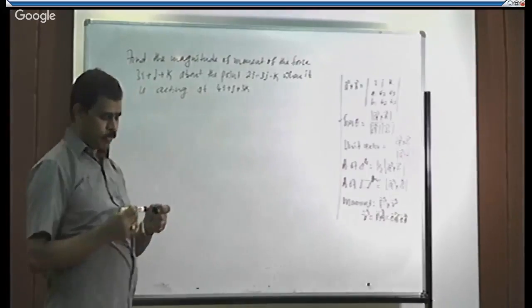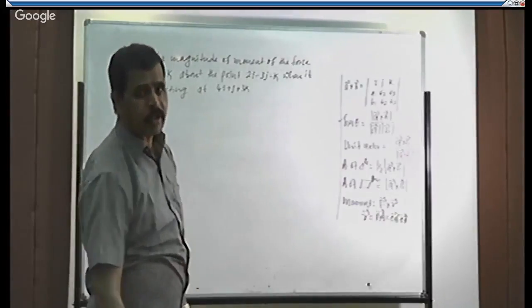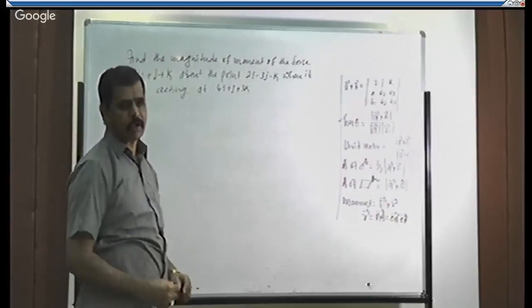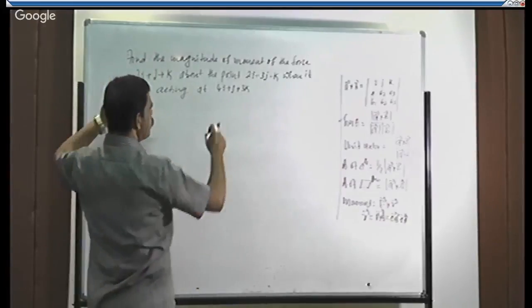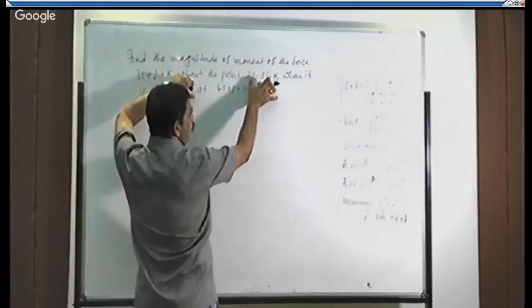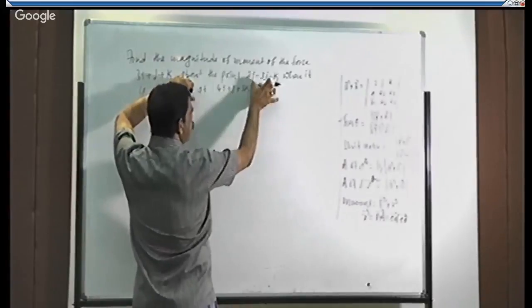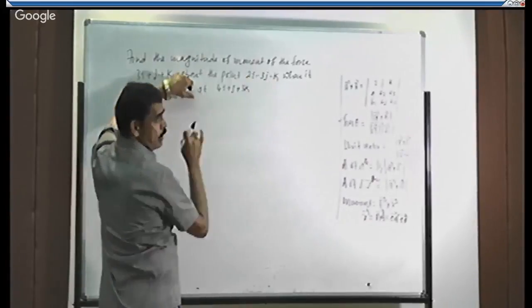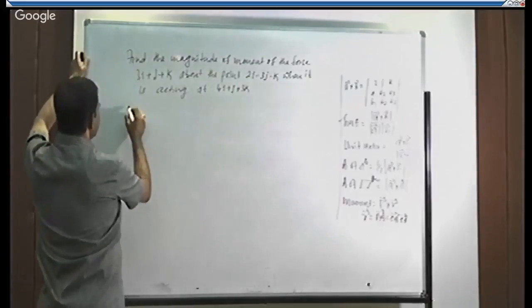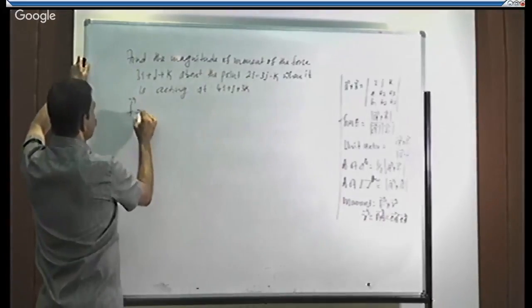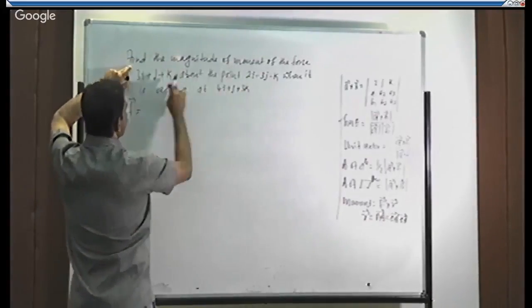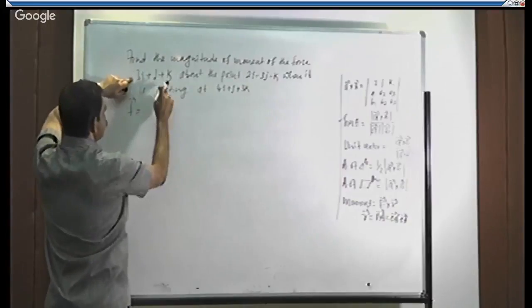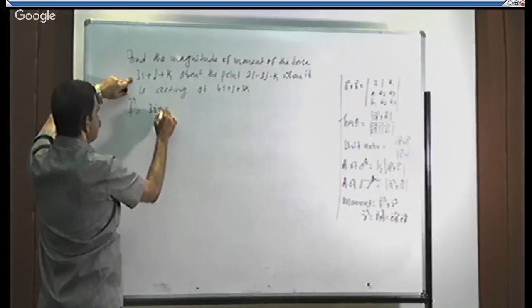Instead of giving points, sometimes they will give their position vectors. In the last problem, they were given points. Here they have mentioned the point's position vector. So what is the force? Force is 3i plus j plus k.